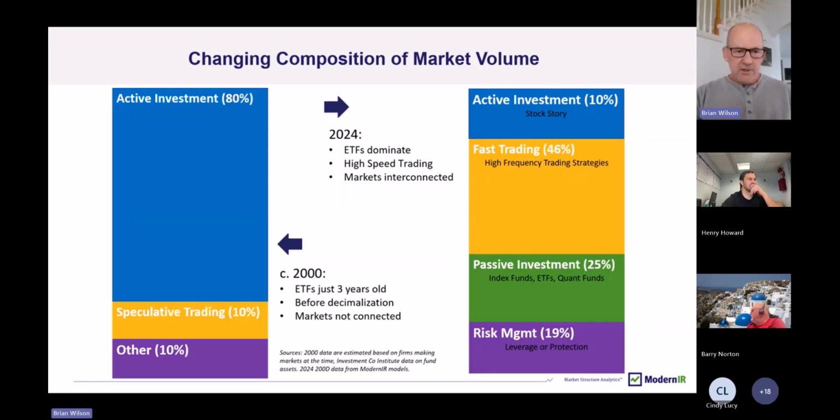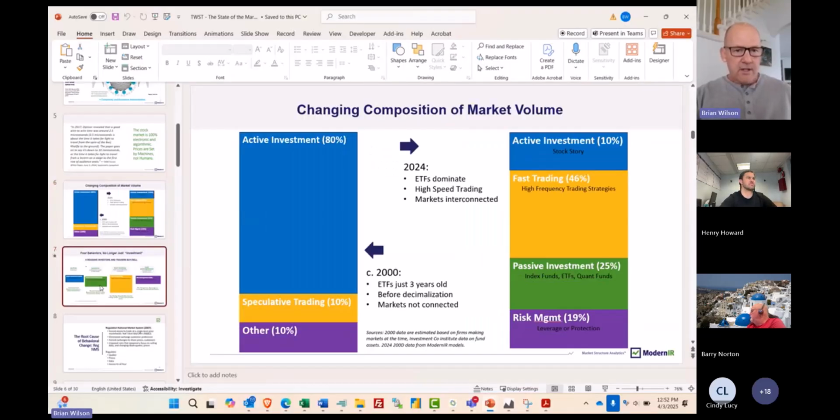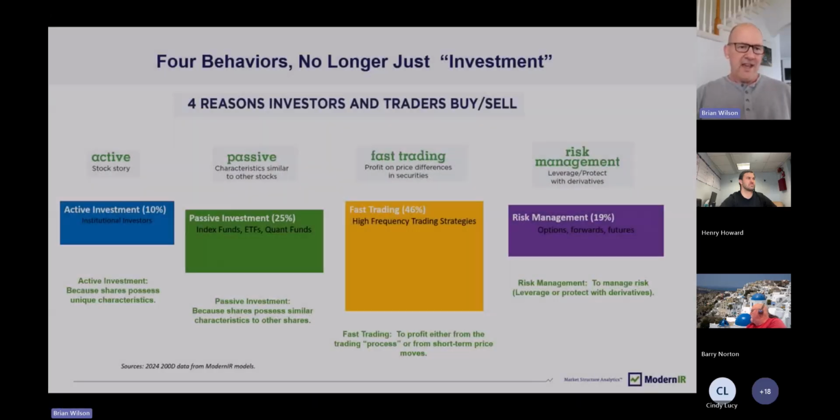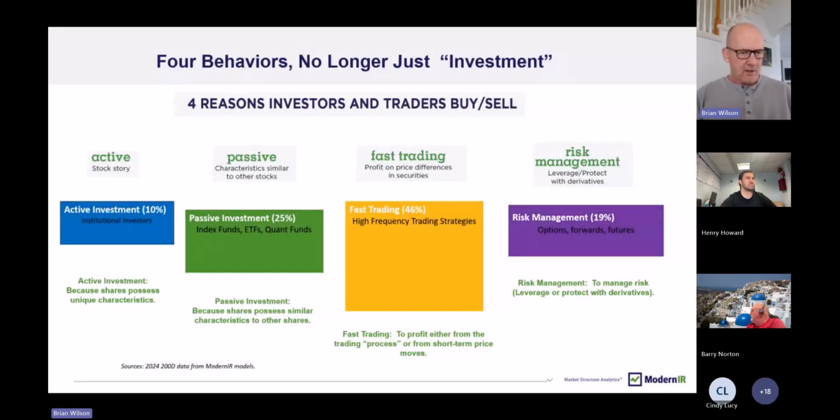Just for a second, I wanted to also go to one additional screen here. Each one of these behaviors has a different reason why they're buying or selling in the marketplace. And this ties into why sometimes things need to get done.